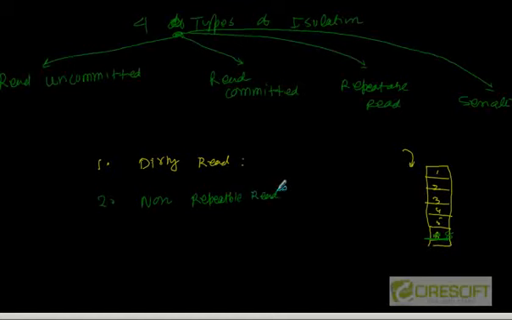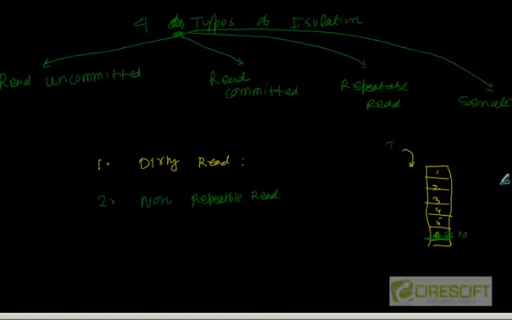In the case of non-repeatable read, same example: we have a table T with multiple rows, and somebody has updated this value from 8 to 10, and has committed. When the query started, the value was 8, but as the query progresses, somebody might have come in the meantime and updated it. So if we read that, it is not repeatable, because if I run this same query again after some time, I may get different values.